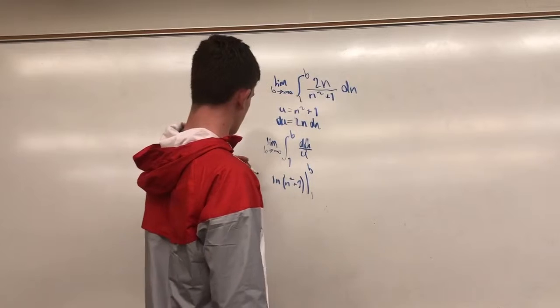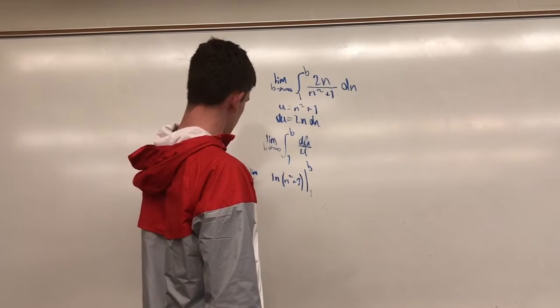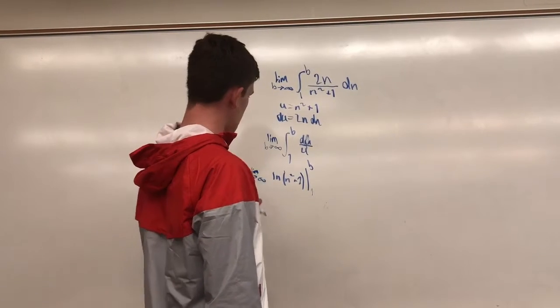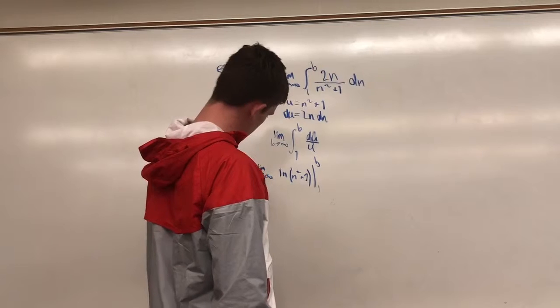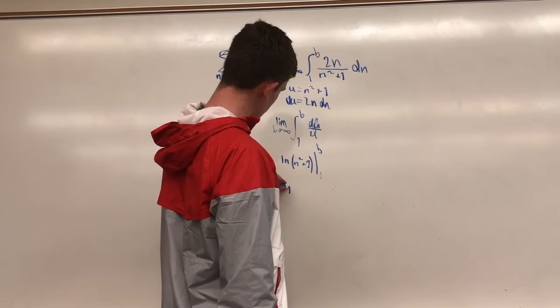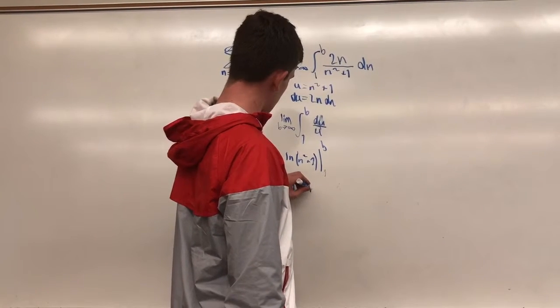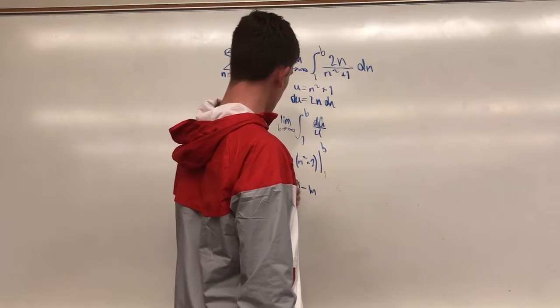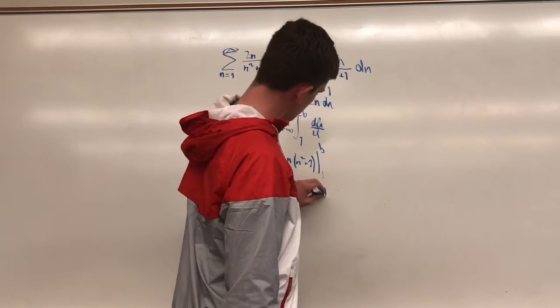And then we got to make sure to remind ourselves that b is going to infinity. So now we're just going to plug these terms in. We subtract top from bottom. So we have ln of b squared plus 1 minus the ln of 1 squared plus 1, which will just be ln of 2.